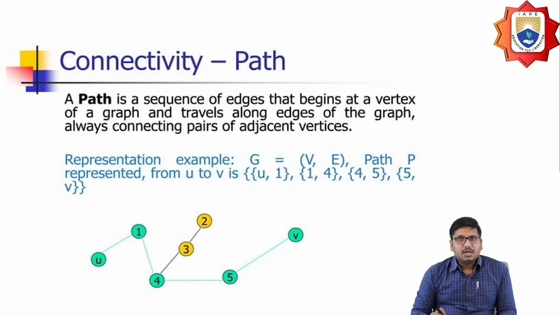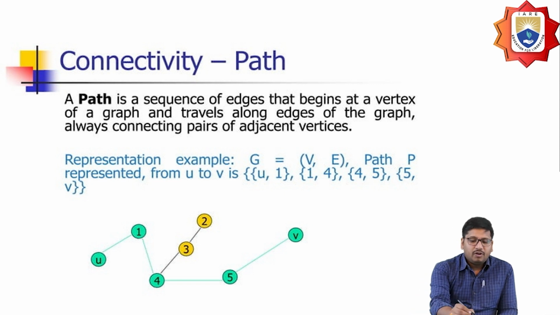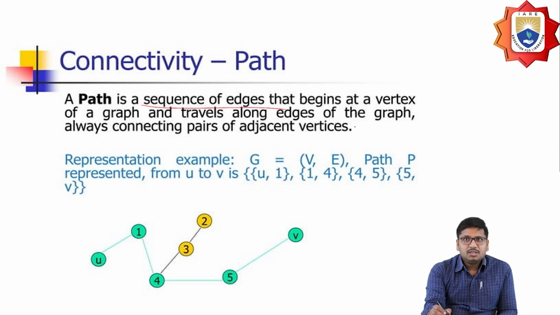For that, we need connectivity through a path. A path is a sequence of edges that begins at a vertex of the graph and travels along the edges of the graph, always connecting pairs of adjacent vertices.